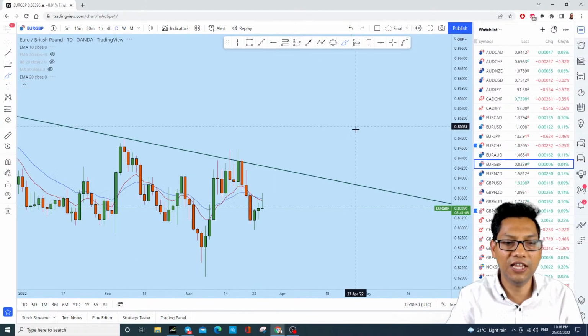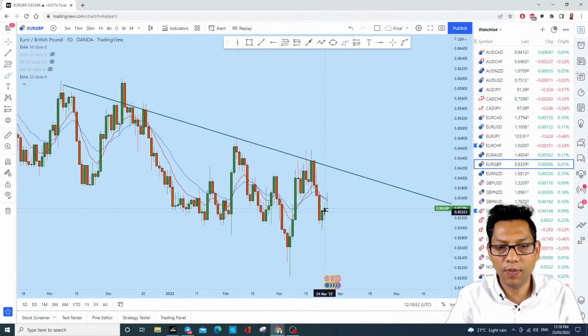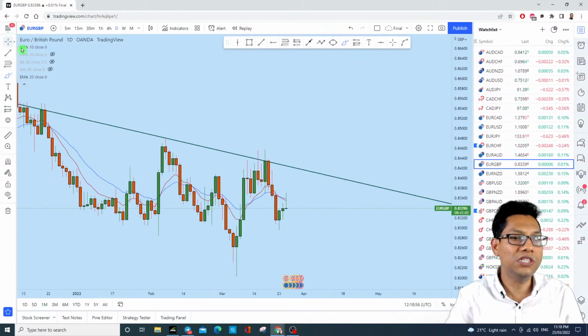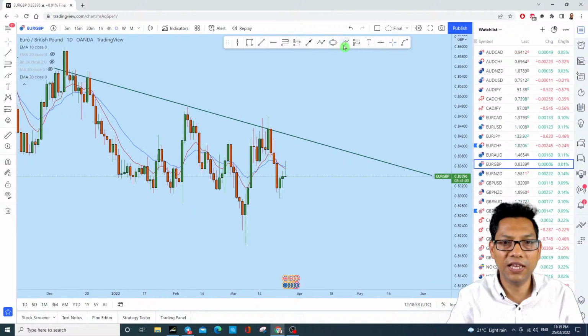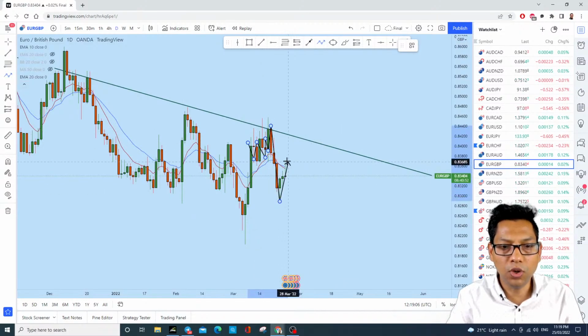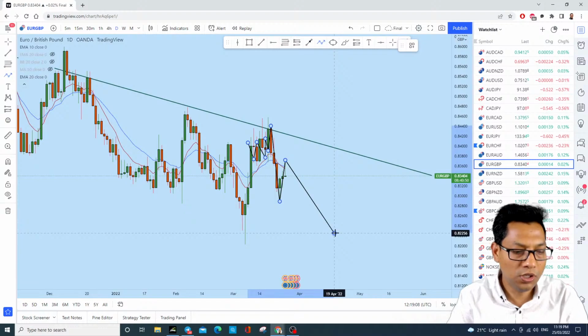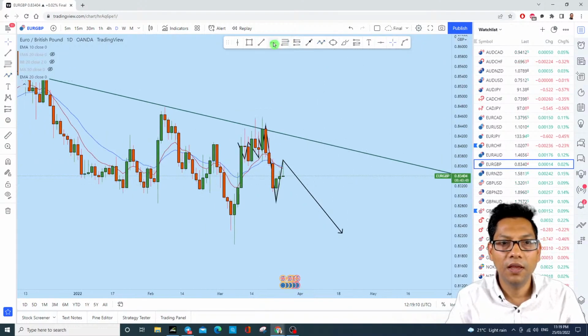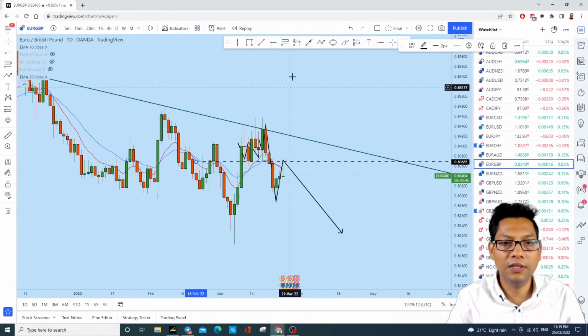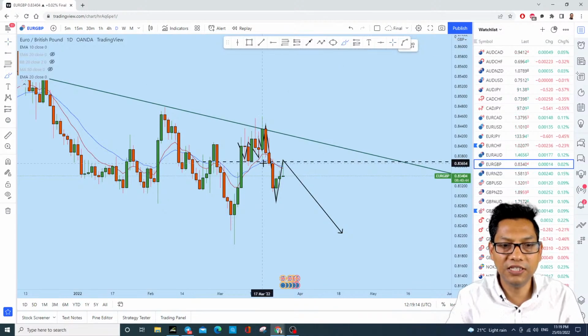Now let's see the daily. Back-to-back for 2 days, the price created a doji. This is the daily time frame. We saw there was a reversal pattern here, right? There is a consolidation, and then the price broke down. Now today, just now, look at this long level, this is the daily support.